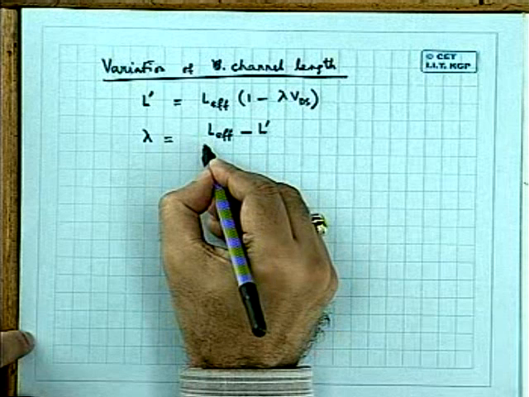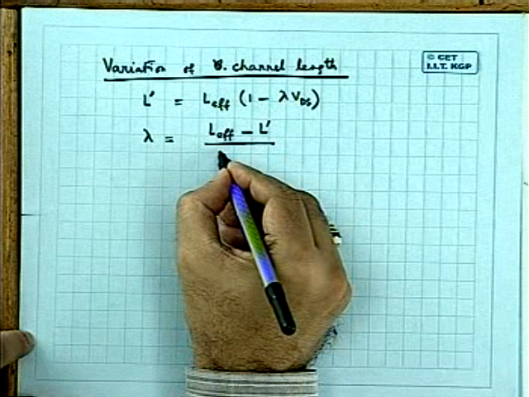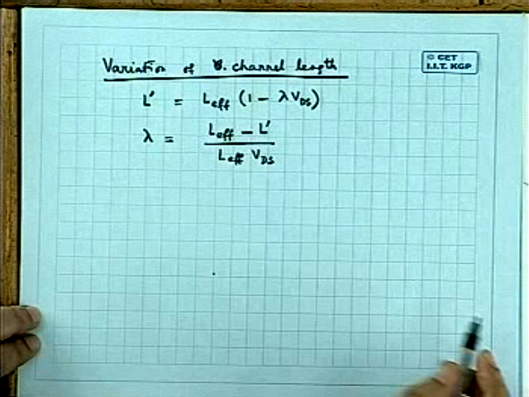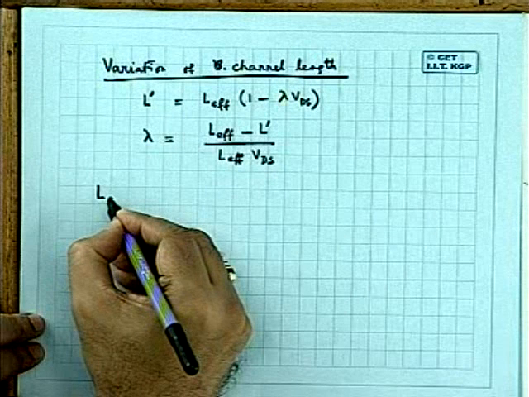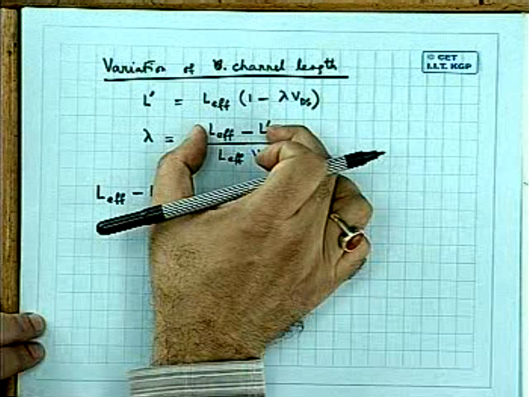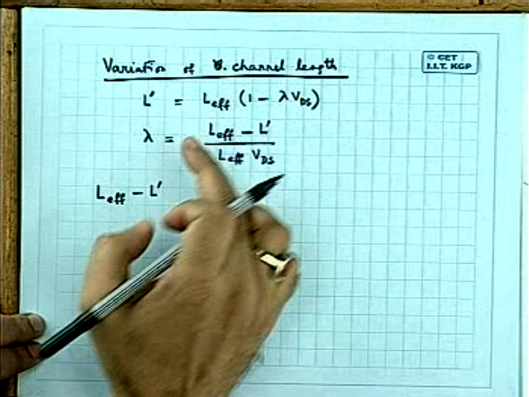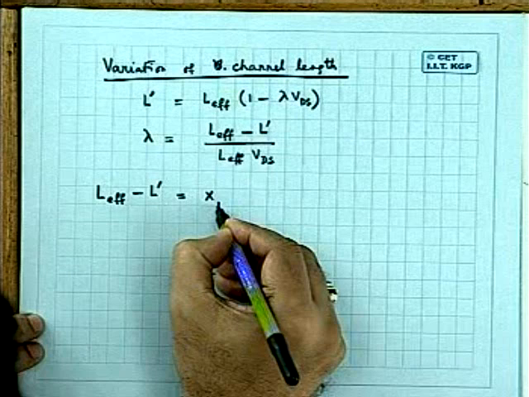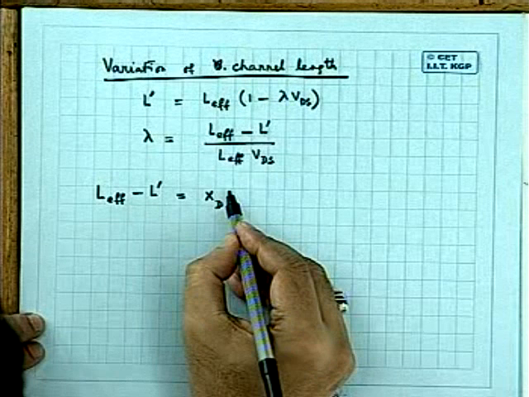And this gives a value of lambda which is equal to L effective minus L dash divided by L effective into VDS, where if we can obtain L effective minus L dash, then you can calculate the value of lambda, and that in level 2 is expressed like this.